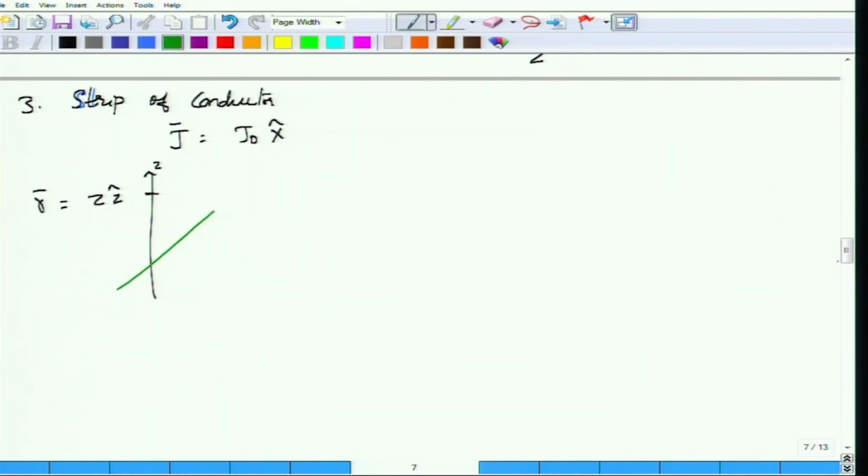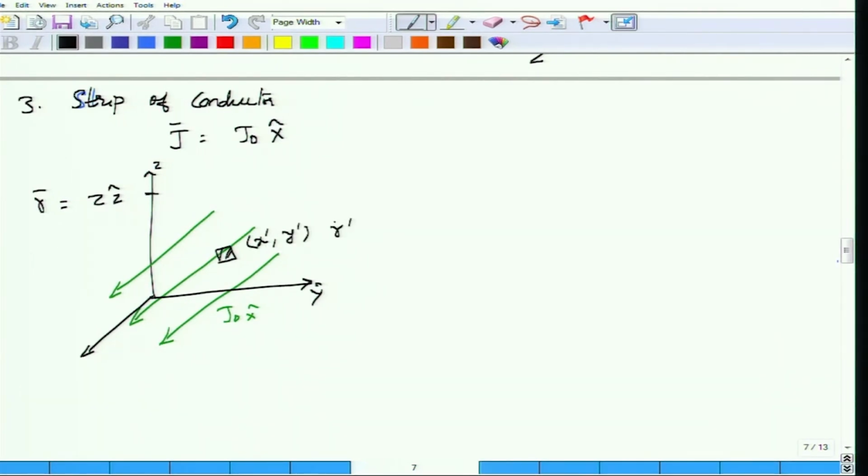I want to find the field here also on the z axis. The strip is carrying current J0 along the x axis, and we want to calculate the field at this point. So, let us select any particular point here in the xy plane. This point in the xy plane will be at coordinates x prime and y prime. Therefore, r prime will be equal to x prime x hat plus y prime y hat, correct.